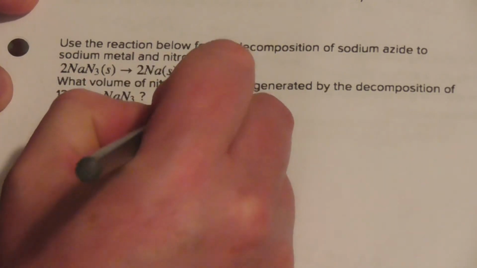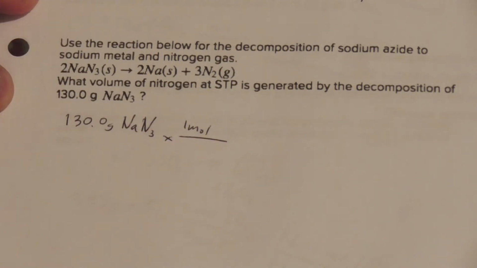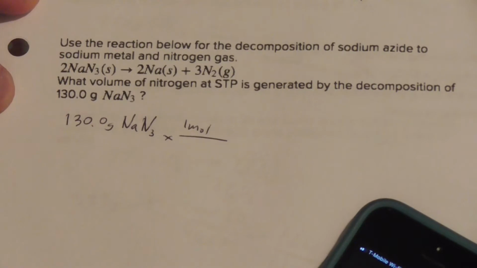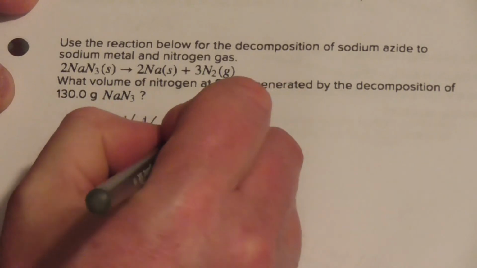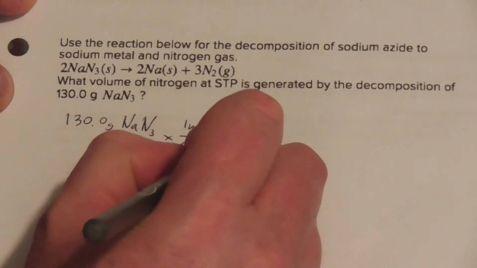So 1 mole over sodium azide. Sodium is 23 and nitrogen is 14 times 3 would be 42, plus 23 is 65 grams of sodium azide.